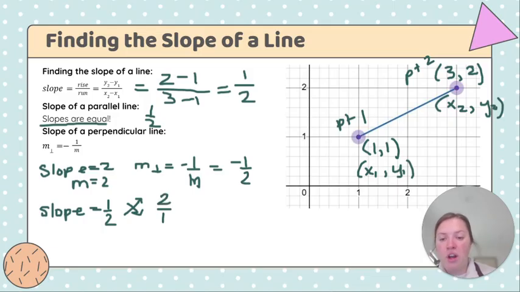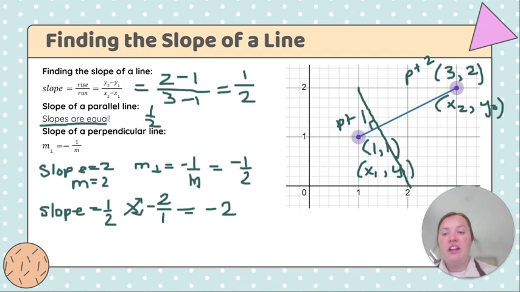So we have 2 over 1. Then this is positive, so we need to switch the sign so that it's negative. Remember that 2 over 1 is the same exact thing as 2. So the slope of a perpendicular line, this line specifically, is negative 2. If I were to cut this line, this would be the perpendicular line right here, because that one has a slope of negative 2.